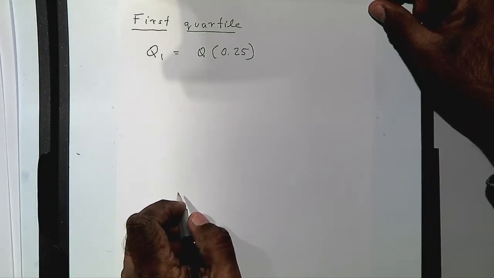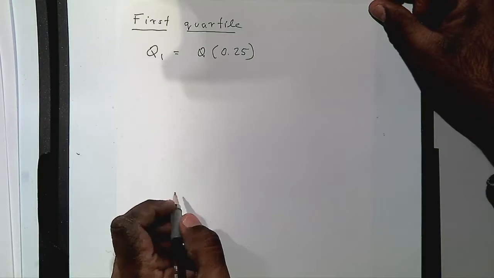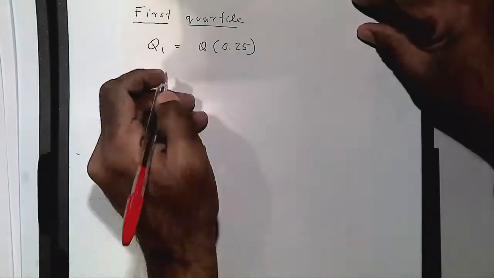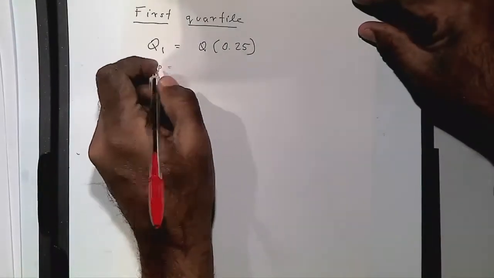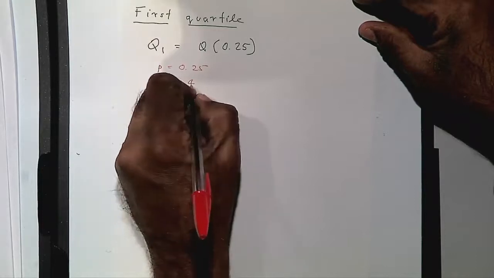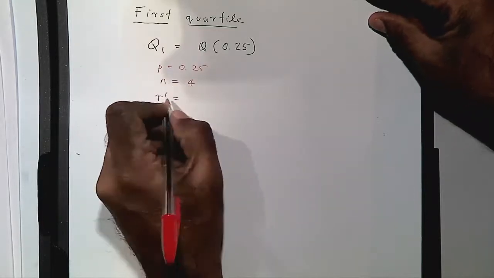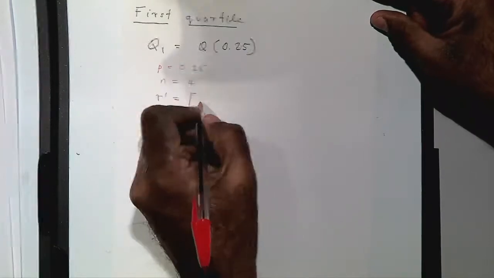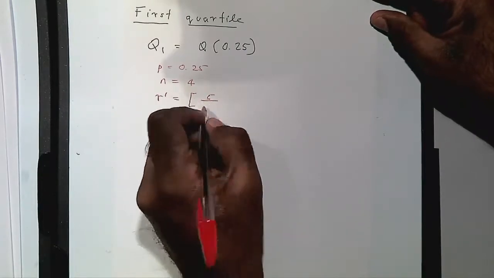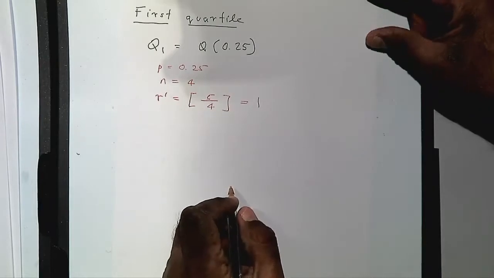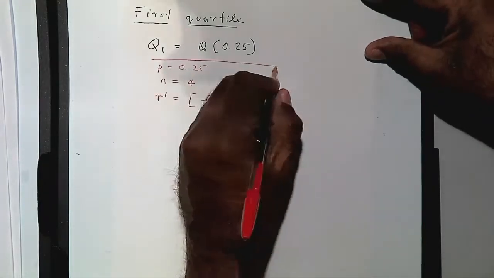So your P is 0.25, and your N is 4. So R prime will be 5 divided by 4, which is 1. Okay, so R prime is 1. So put this in a box.